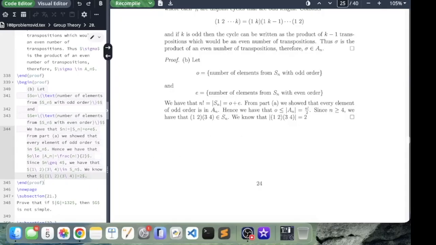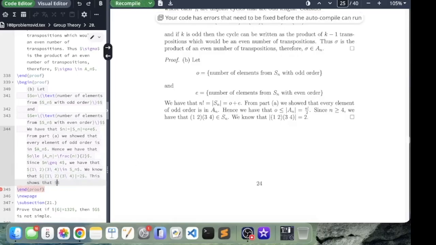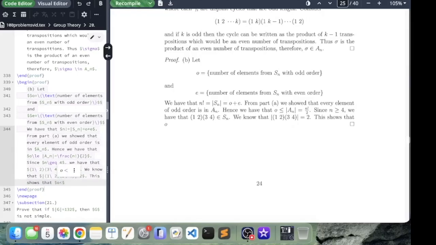So this shows that the number of elements from Sn with odd order is strictly less than n factorial over 2.